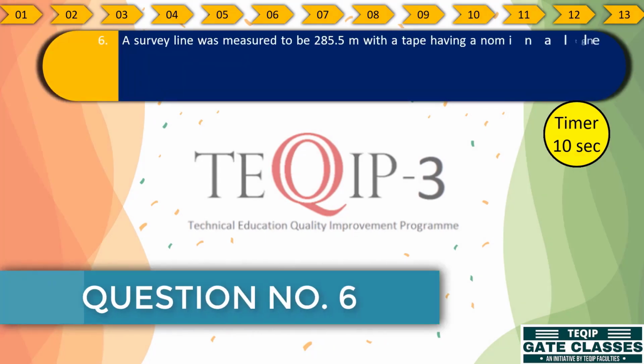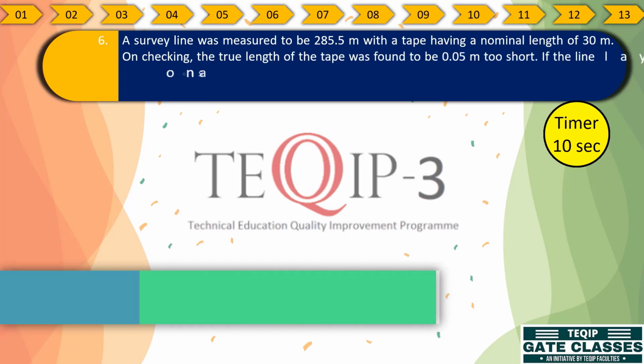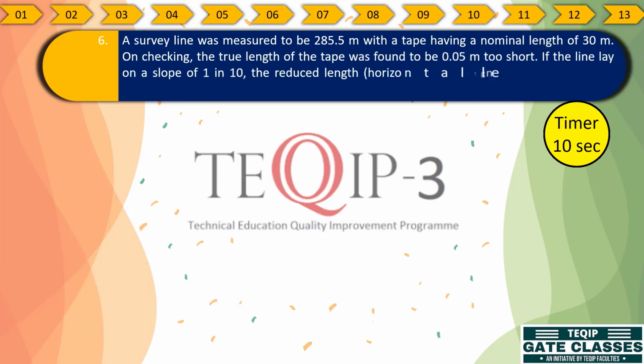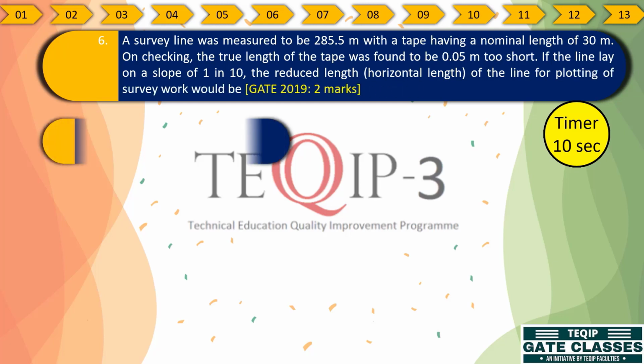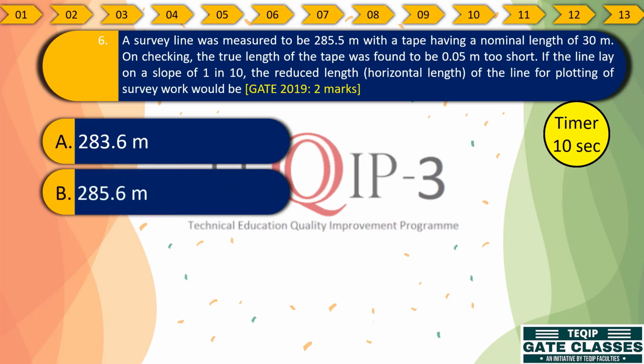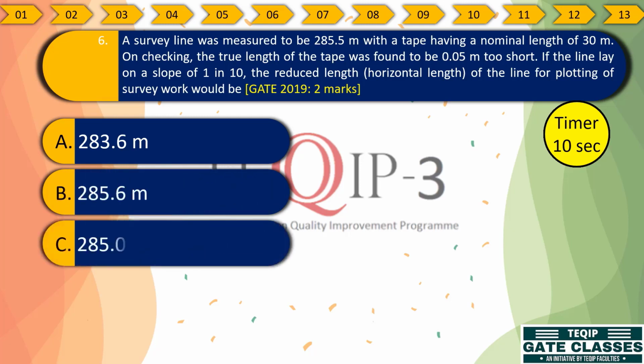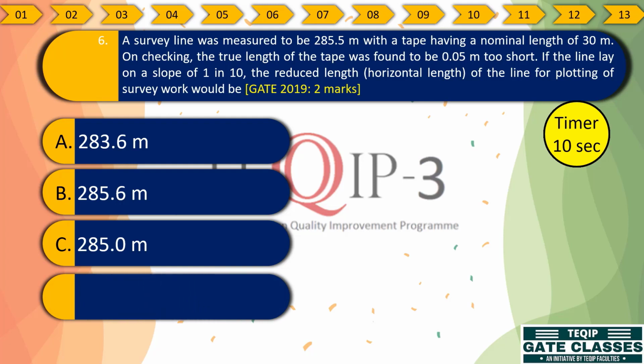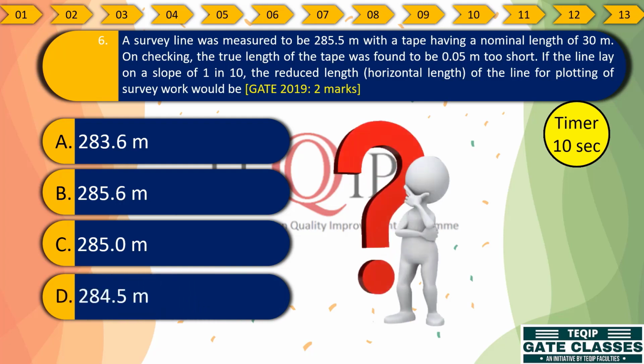A survey line was measured to be 285.5 meter with a tape having a nominal length of 30 meter. On checking, the true length of the tape was found to be 0.05 meter too short. If the line lay on a slope of 1 in 10, the reduced length of the line for plotting the survey work would be. The options are given below.